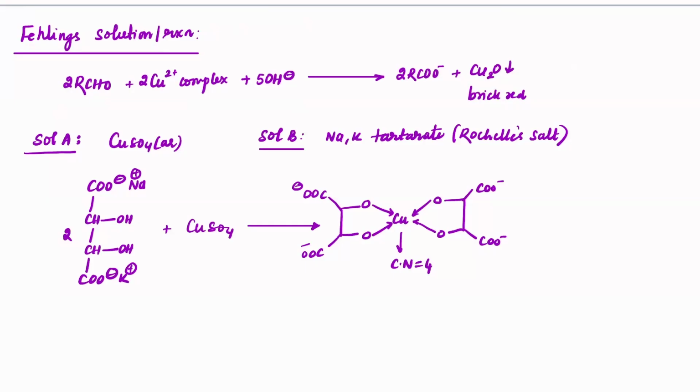Okay. So Fehling's and Benedict's will have everything same except the solution B. Solution B is slightly different for the Benedict solution. Let me show you.